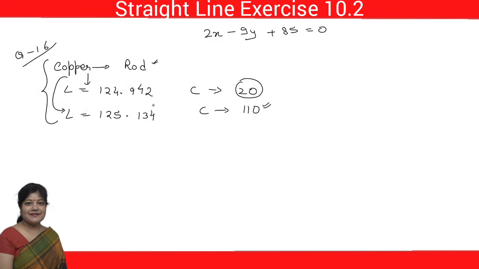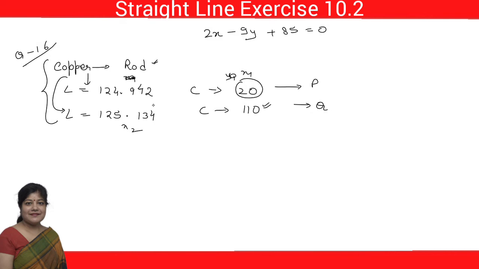Listen, for this, we can take this as a point P and this as a point Q in the form of a straight line. So this becomes x1, this becomes y1, this becomes x2, this becomes y2. Or you will take not this as x1; it becomes a tough task. You will take this as x1.